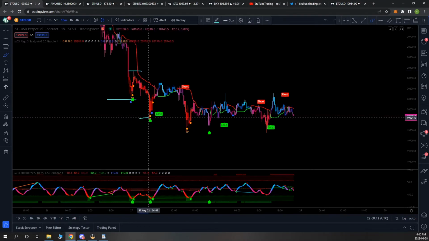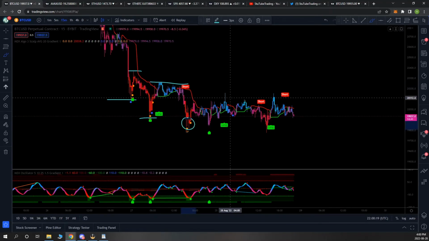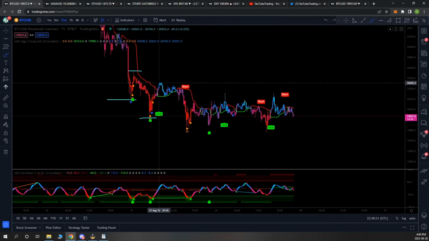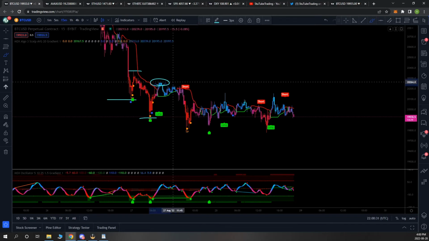We set another lower low, and then we got our lower high here after this low. So right now, as long as we are below this level around, let's say, 20,260, somewhere in there, that's the lower high I'm looking at right now.